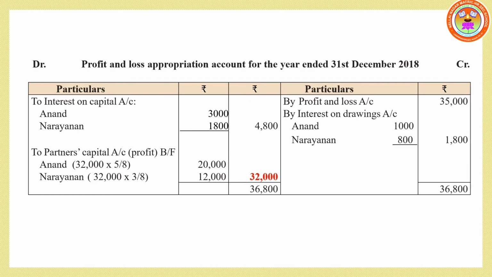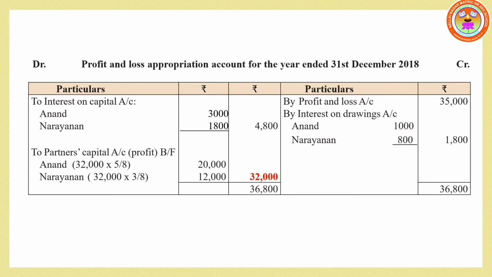So the credit side total is 36,800. So far we have entered only one item under the debit side, 4,800. Now take the difference between these two sides. 36,800 minus 4,800, we got 32,000 profit for the partners.